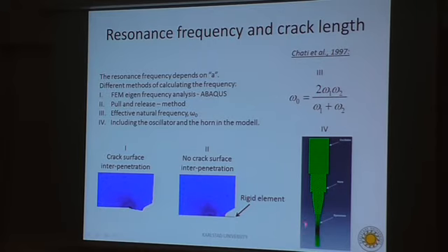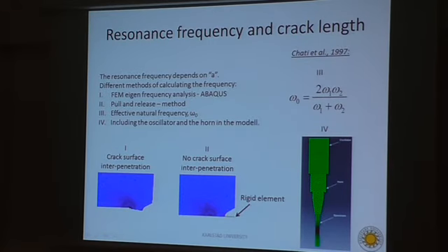And as you can see here, we are not allowed to have the symmetry here anymore, since we've added some parts on the top of the specimen. So for this model, it will be only half symmetry. And we will not be able to avoid the crack surface interpenetration here. And therefore, we are going to use Schottky's effective natural frequency even for these results, in order to get rid of the crack surface interpenetration problem.